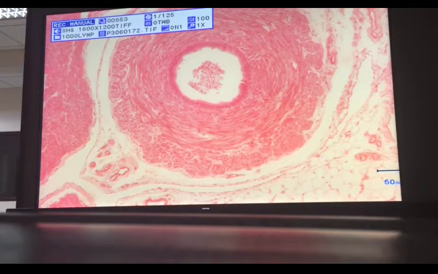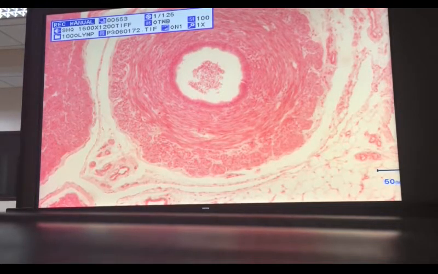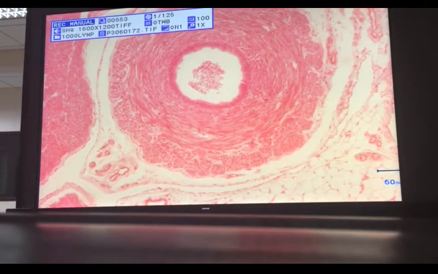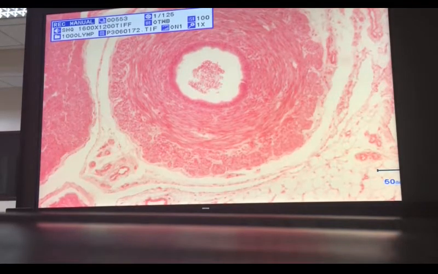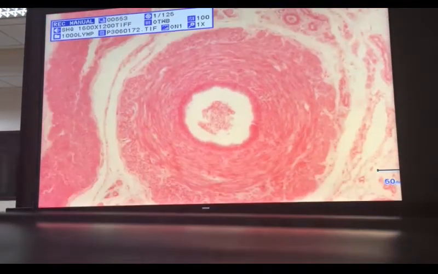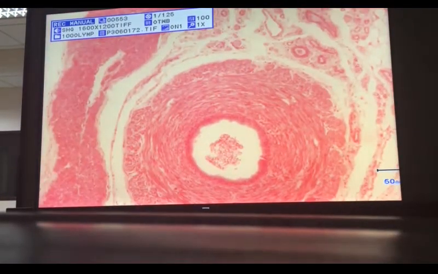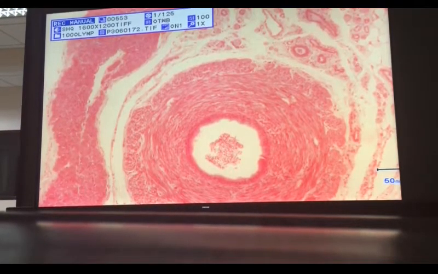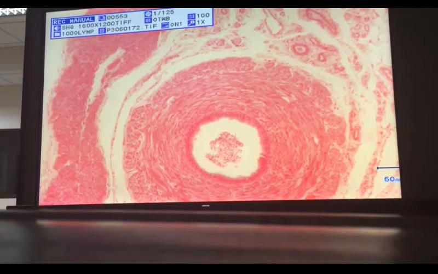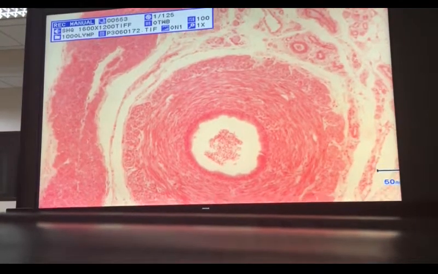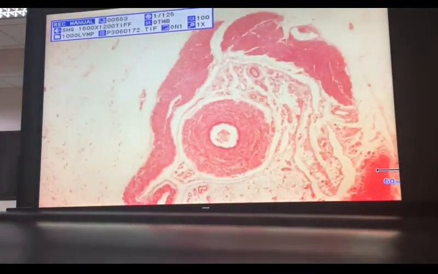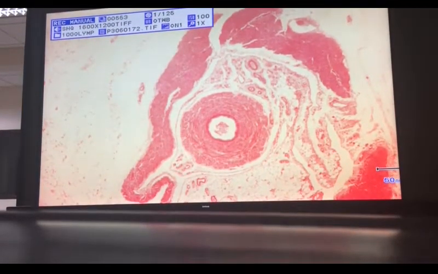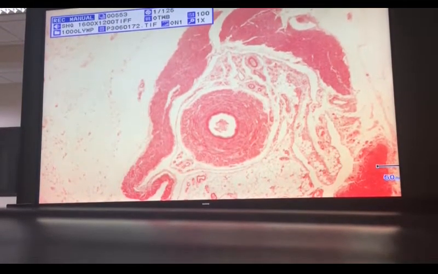Three. Okay, three. And then the outermost layer should be called? Adventitia. Are you able to see a smooth surface? No. So that is the external surface, or the outermost layer, which should be called? Adventitia. Okay. Vas deferens.